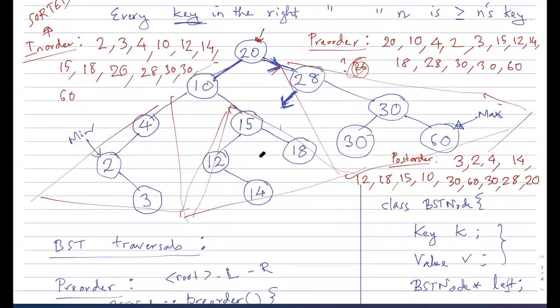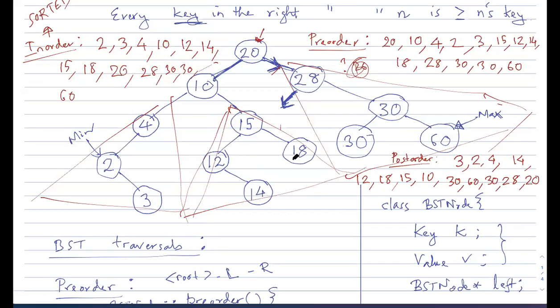So suppose you want to insert 17, for example. Let's see where you are going to give up. You come here to 15, and 17 is falling in between 15 and 18, correct? So 17 is greater than 15, so you move to the node with entry 18.